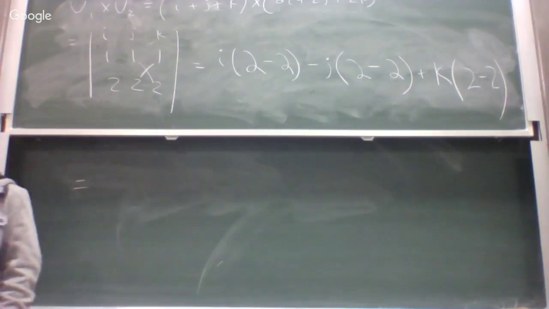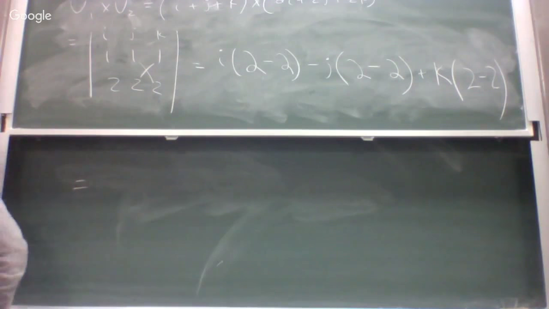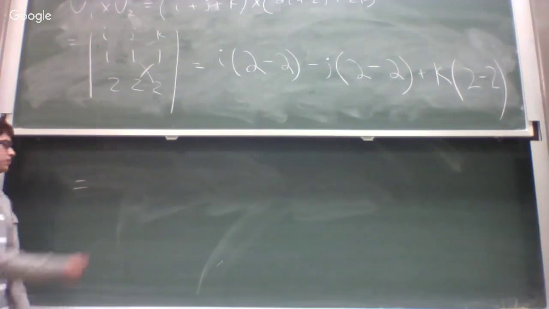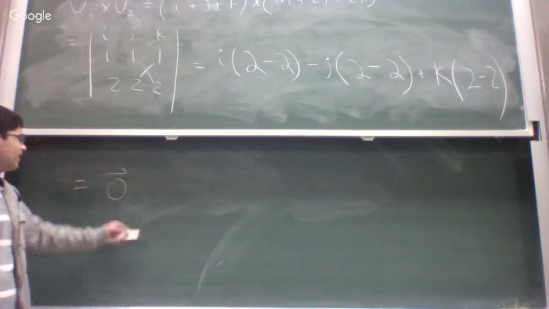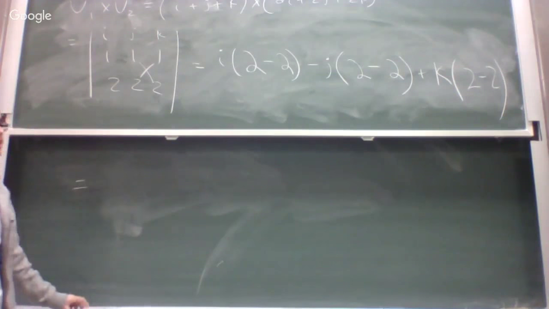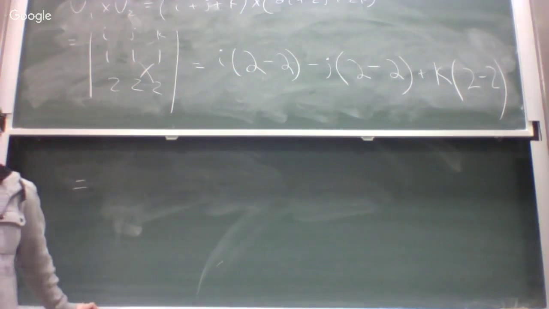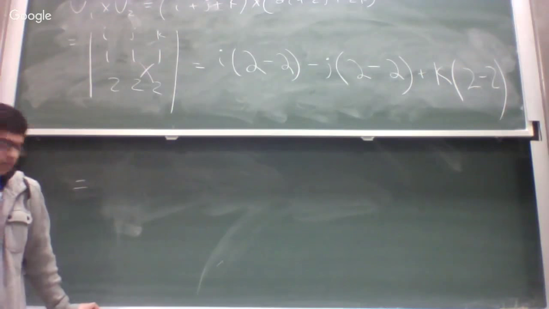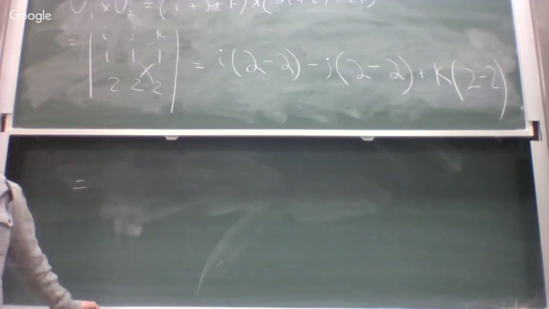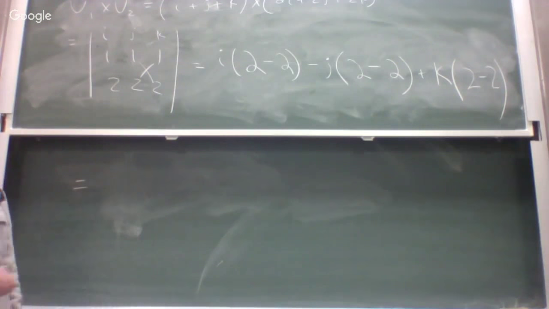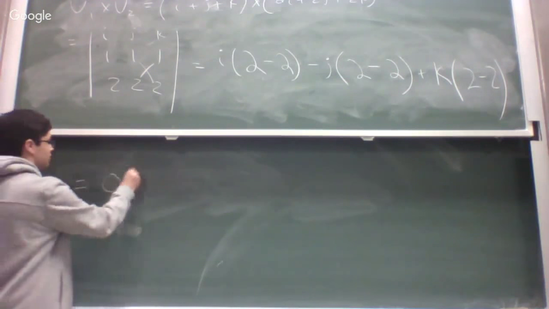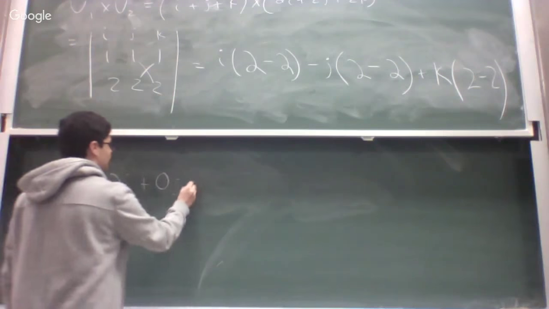Could we just write a zero vector, or is that something different? No, don't do that. I don't know what that is. That means 0 with parallel lines or something. There's something I'll show you in a few minutes where you do get that answer. But for this, it'd be 0i plus 0j plus 0k.